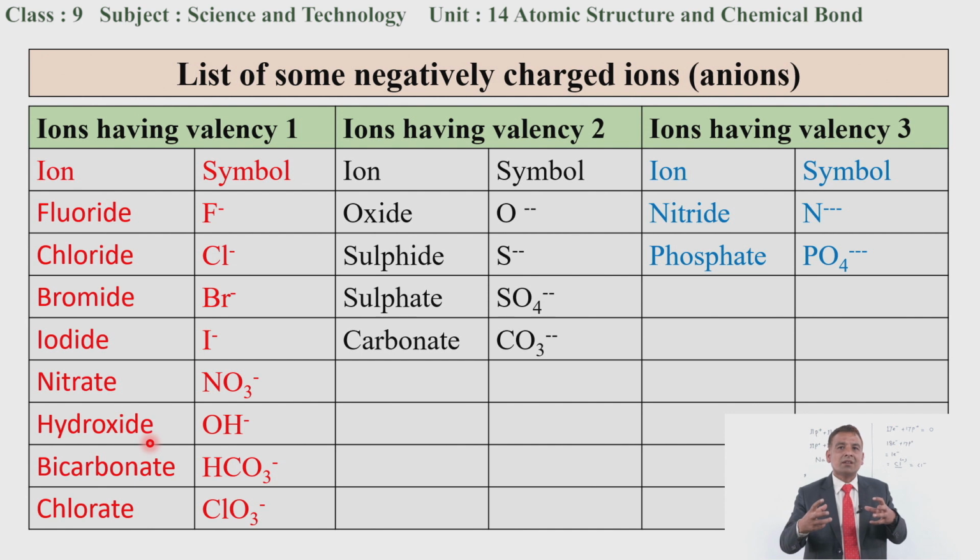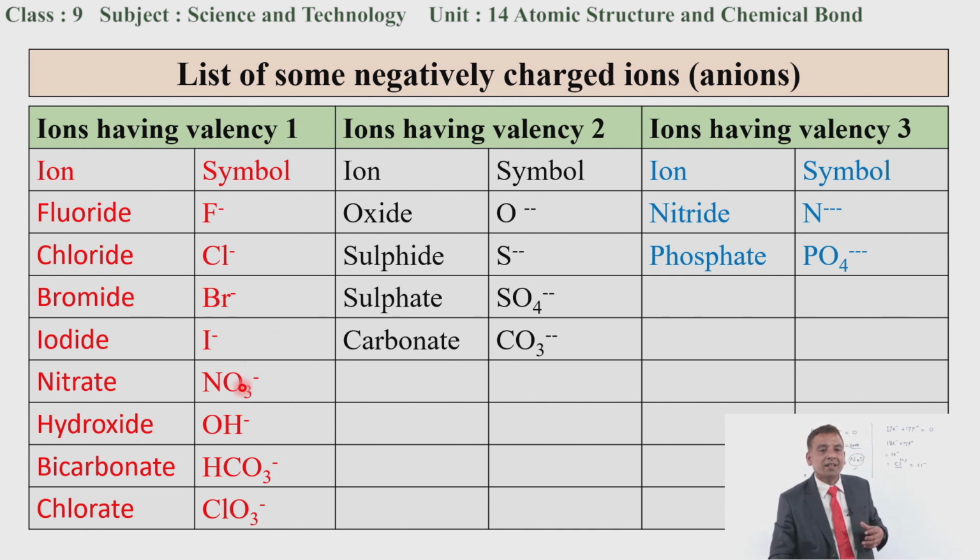While doing chemical reactions, they behave like a single atom, but they are a collection of atoms. So they have charges also. This group of atoms that behaves like an atom while doing chemical reactions is known as a radical.